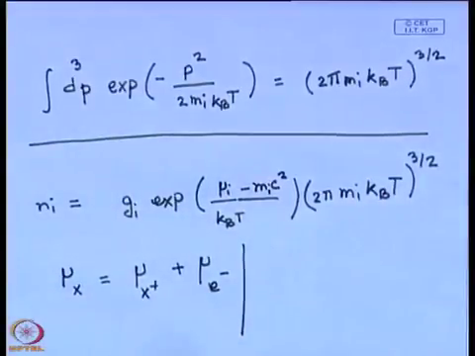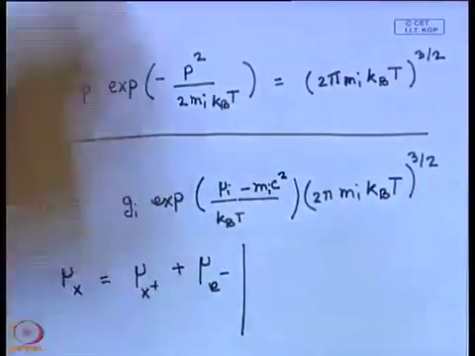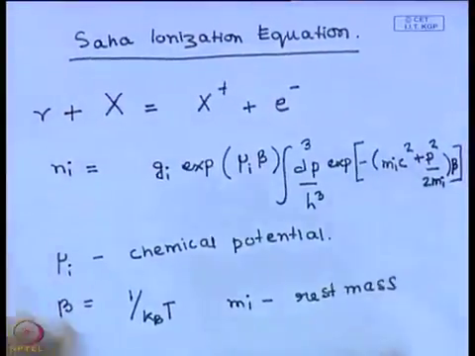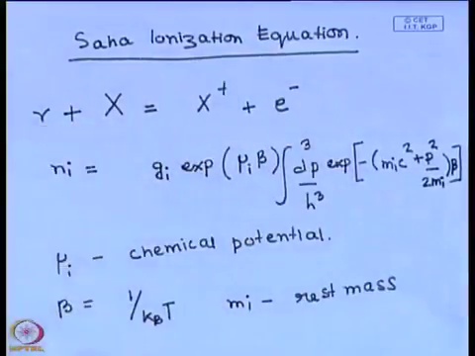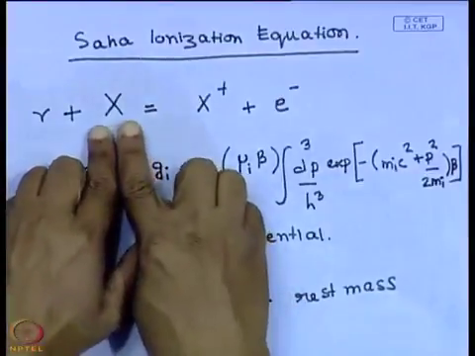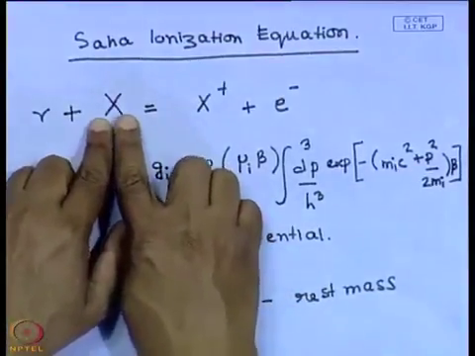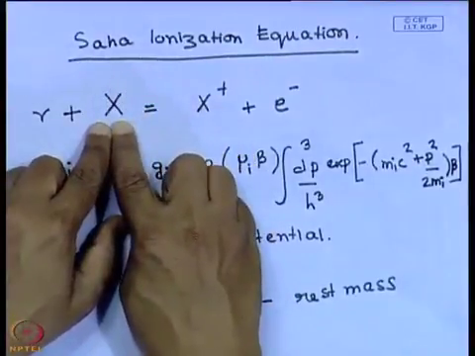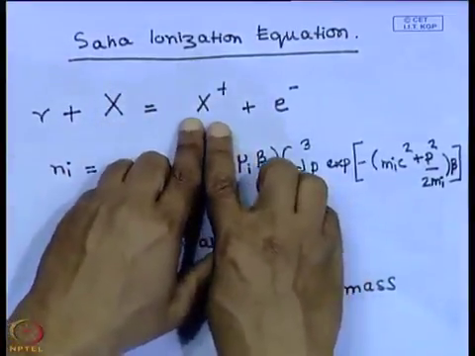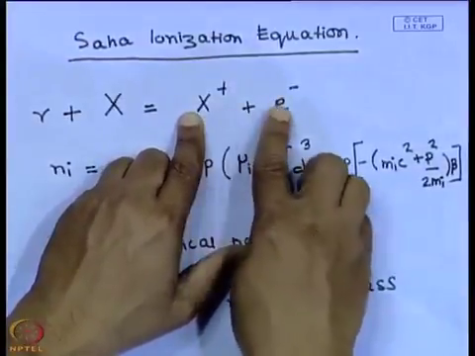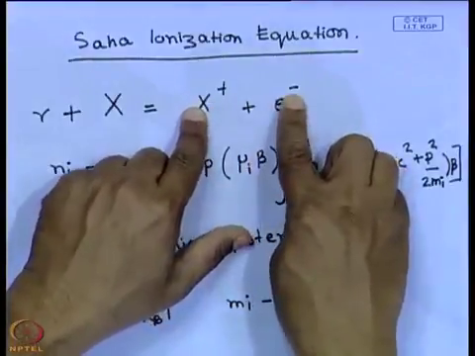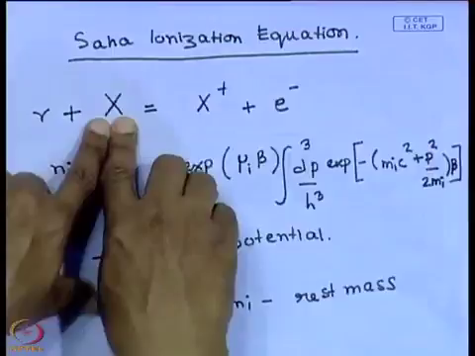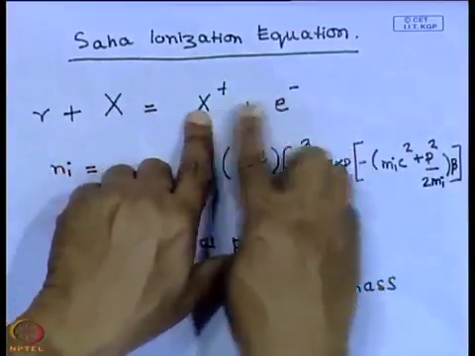The second input that is required is the fact that the energy is conserved in such a reaction. So, here if I take the rest mass of this atom and take the sum of the rest masses of the ion and the electron, the sum is going to be more than the rest mass of the atom, because the atom is obtained by binding these two together.